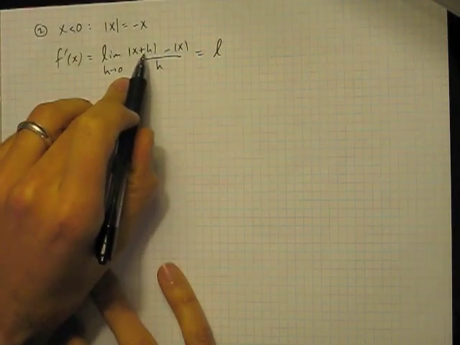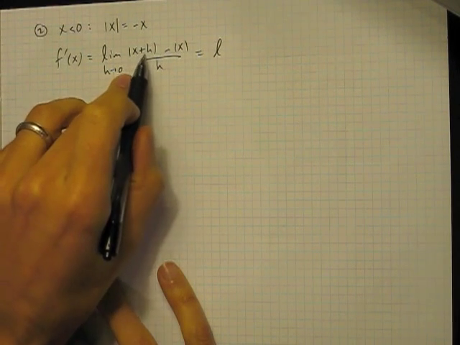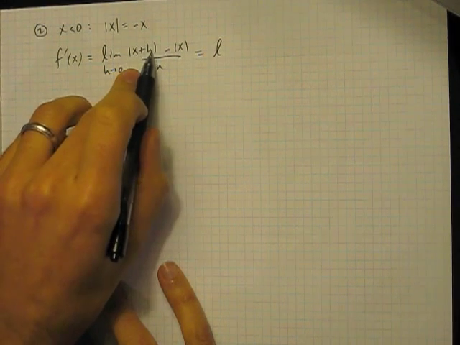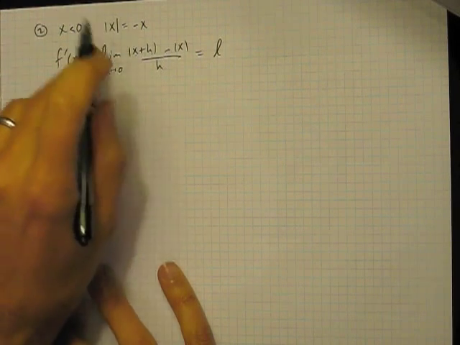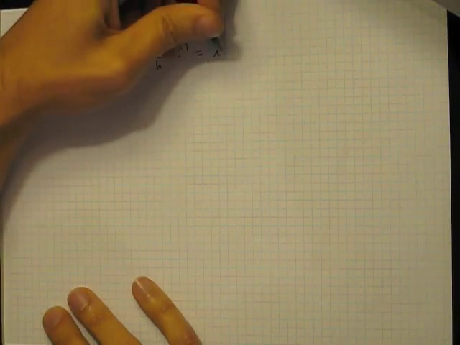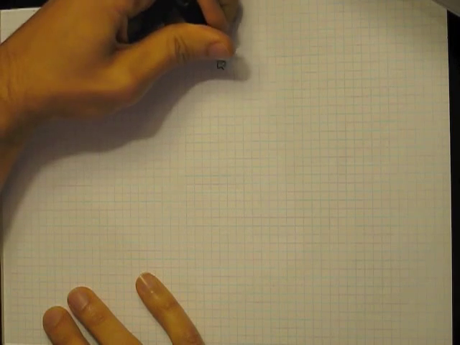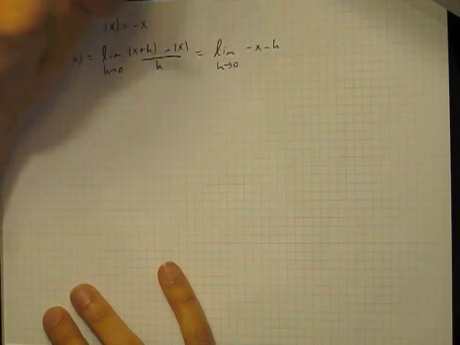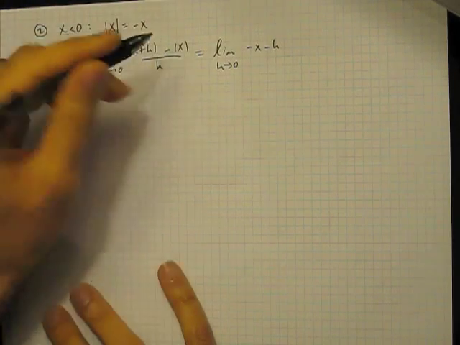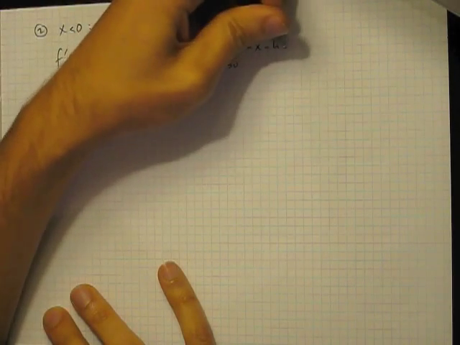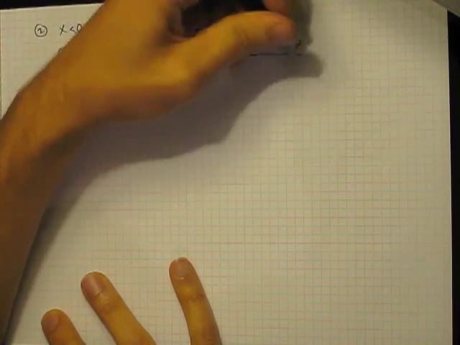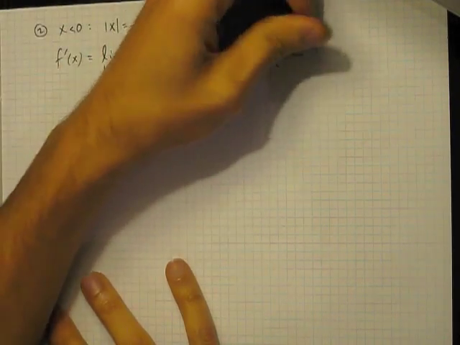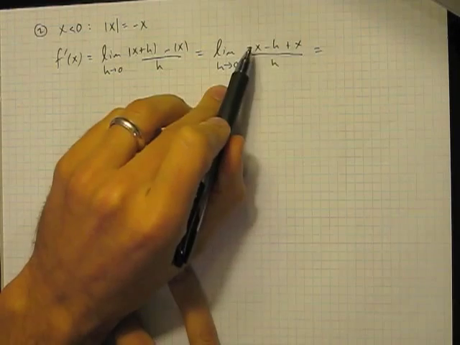We think of h as being a very small number in this case, so if x is negative and h is very small, then this will still be a negative number. So we take the negative of that number, minus x minus h, and then minus the absolute value of x, that would be minus minus x, so that's plus x over h. In this case the x's will cancel.